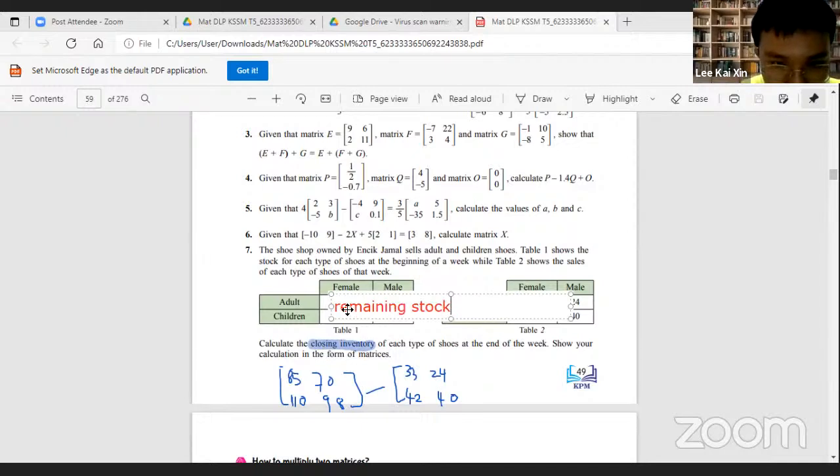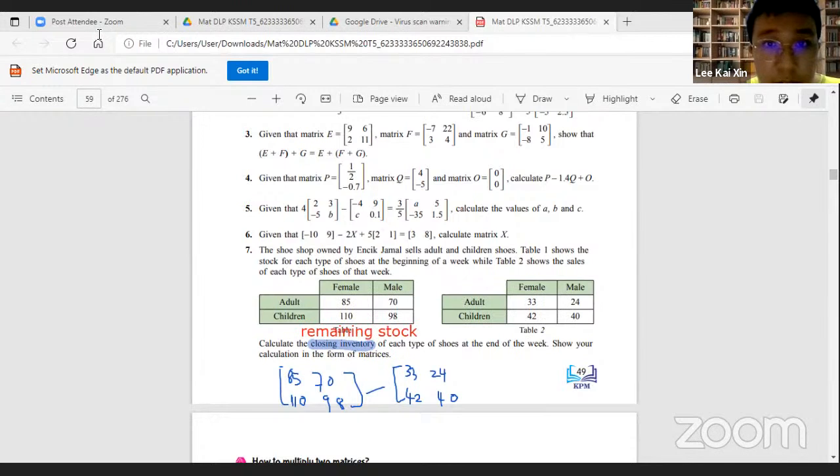Okay, so this is what closing inventory is, we learn a new word.